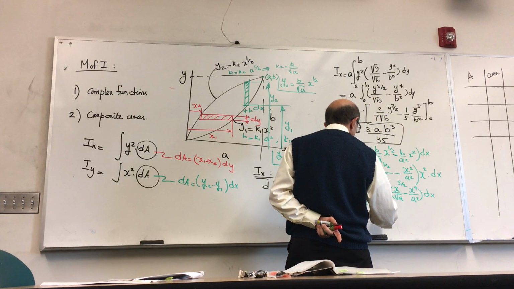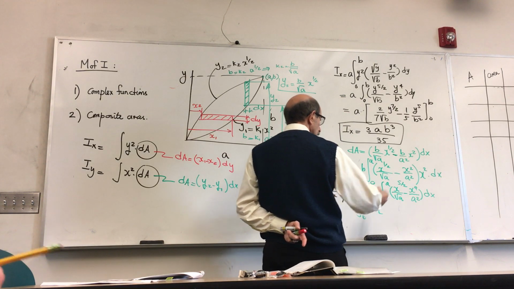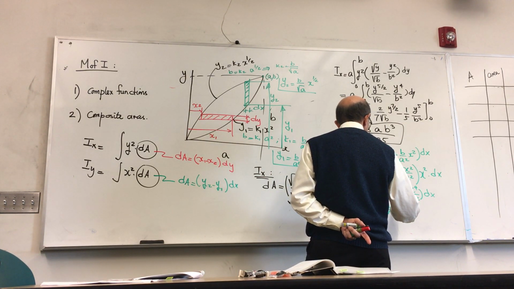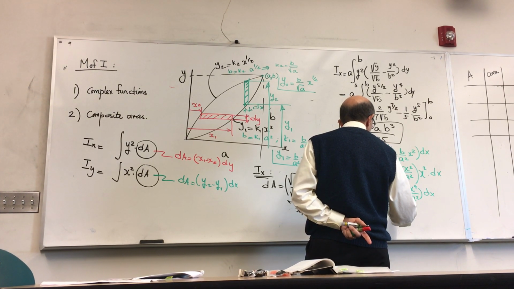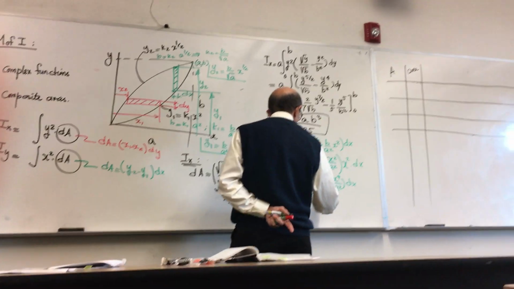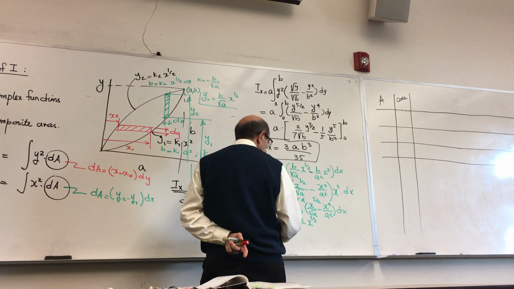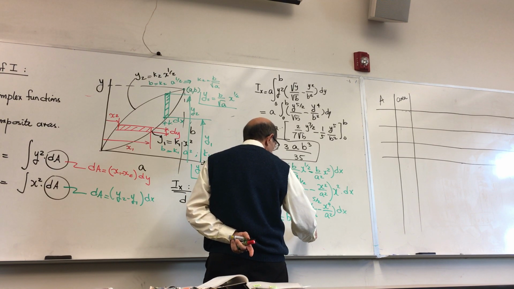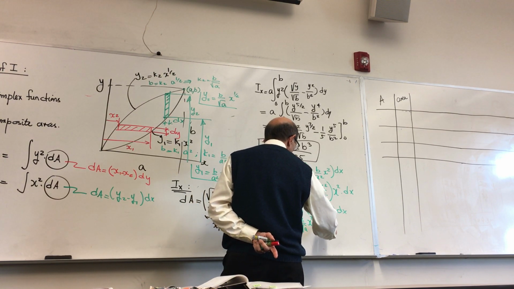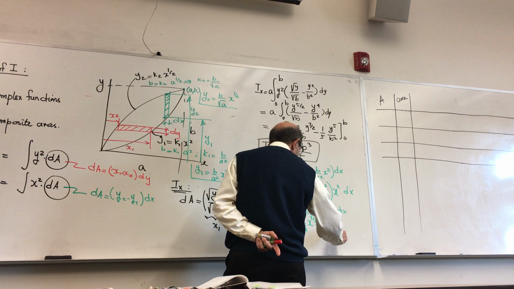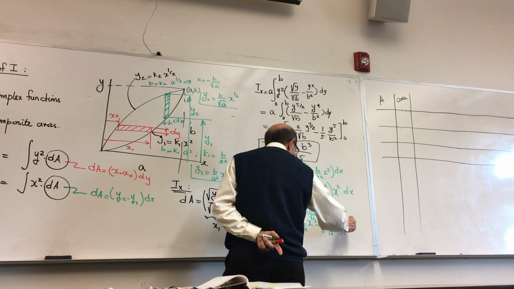Simplify that and perform the integration, you get again 2/7 x to the 7/2 divided by square root of a, minus 1/5 x to the 5 divided by a squared, from 0 to a.